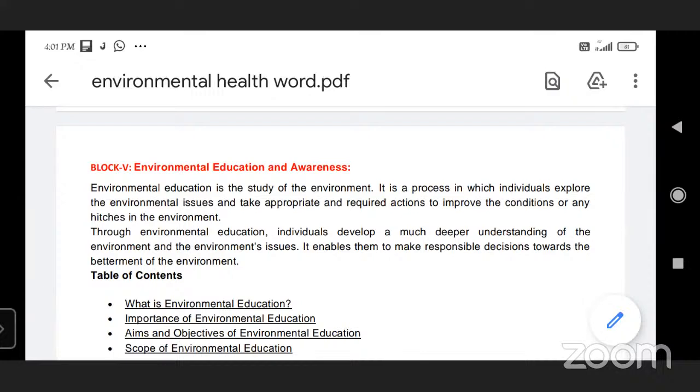So these are the common things you need to write. Yes, we should make people aware of all these issues, so that each and every individual can develop their duties and responsibilities towards a better environment.